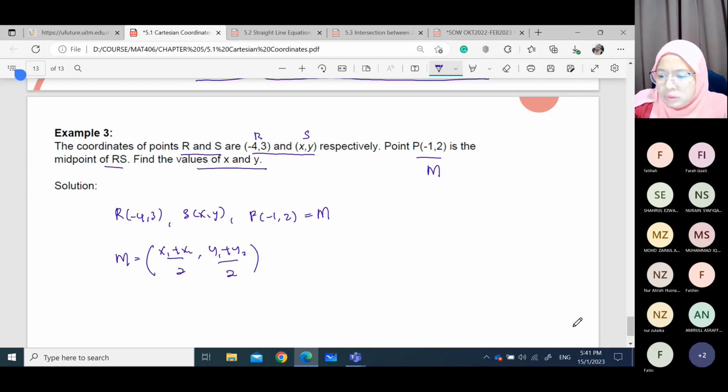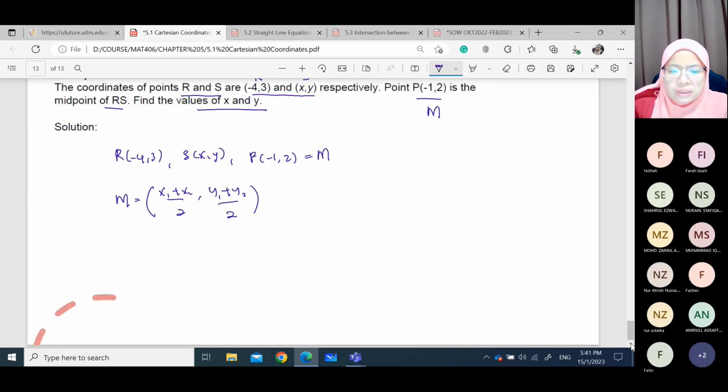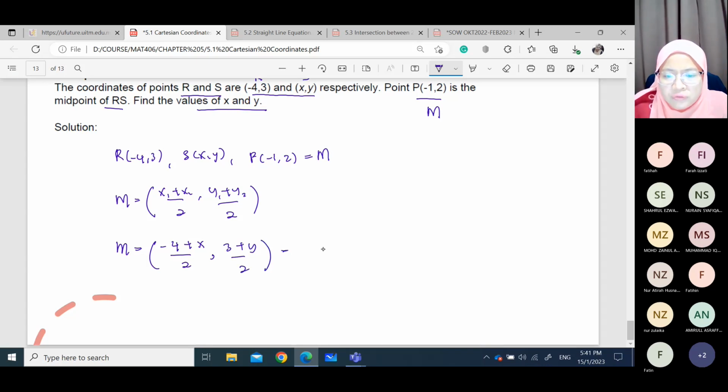So this M is equivalent with -4 plus x over 2, and for the y axis, 3 plus y over 2, which is equivalent with -1, 2. Okay, sama juga dengan -1, 2.